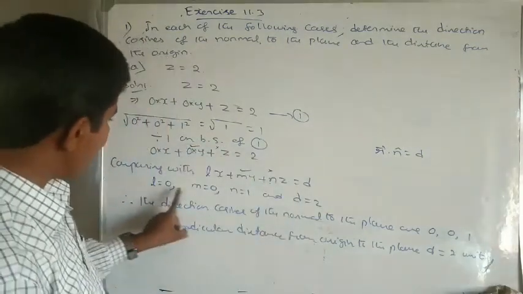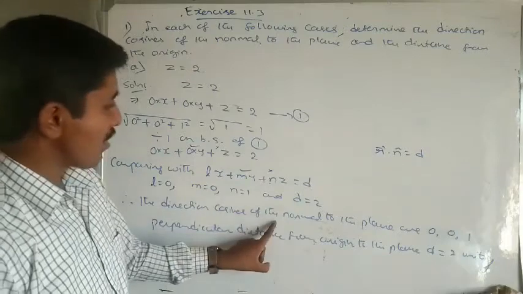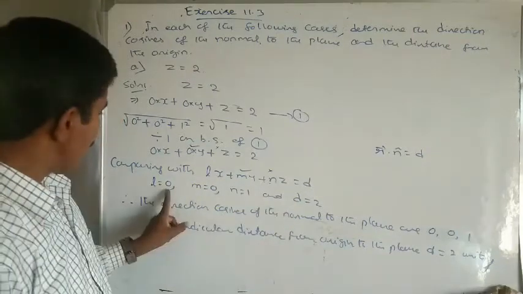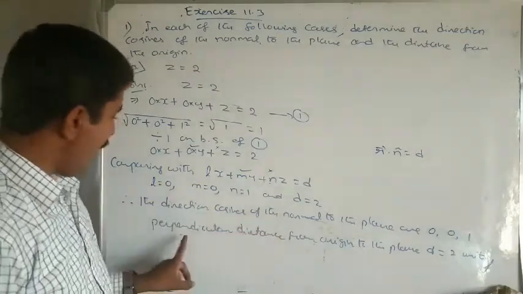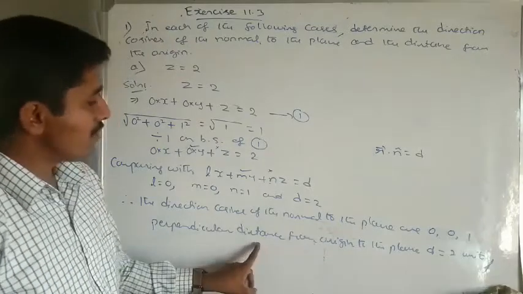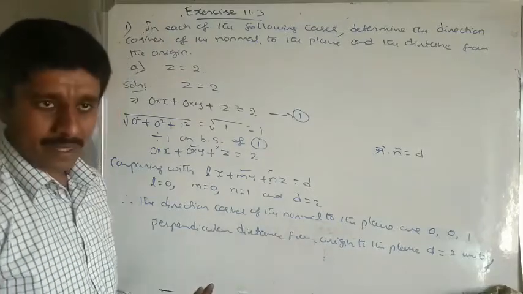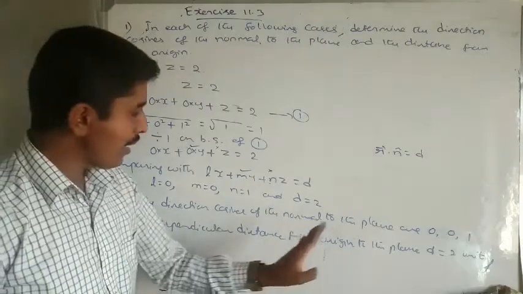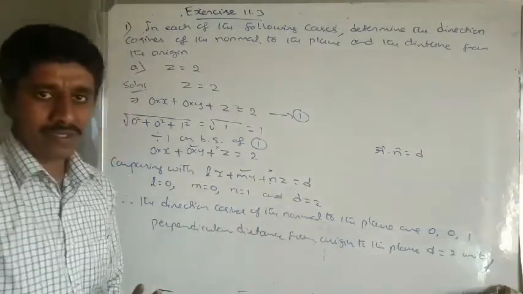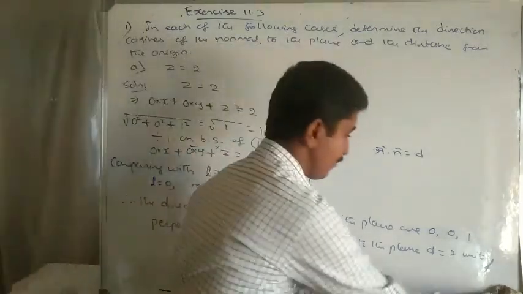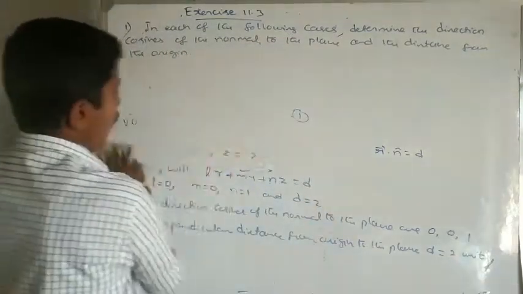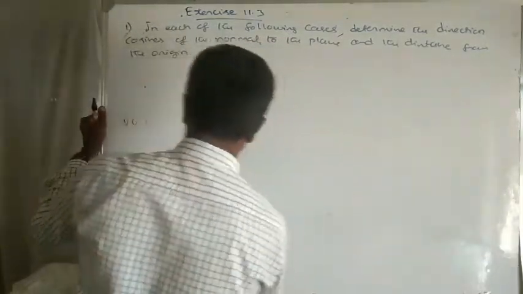Clearly the direction cosines are L, M, N. Therefore, the direction cosines of the normal to the plane are 0, 0, 1 and the perpendicular distance from the origin to the plane is D equal to 2 units. Got it. Now go to the second subproblem.